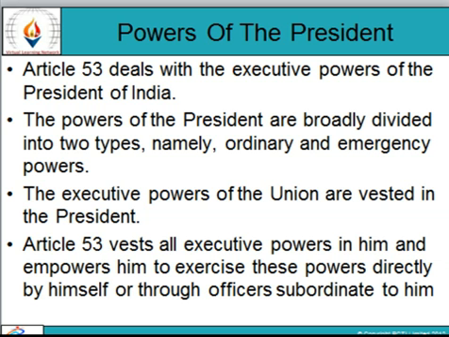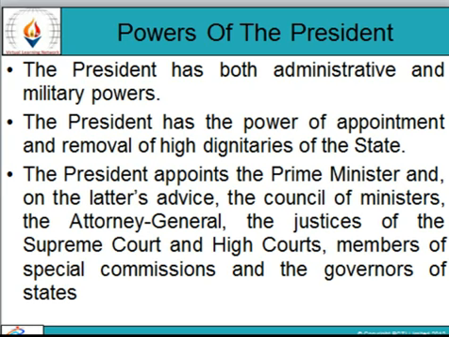Article 53 vests all executive powers in him and empowers him to exercise these powers directly by himself or through officers subordinate to him. The President has both administrative and military powers.